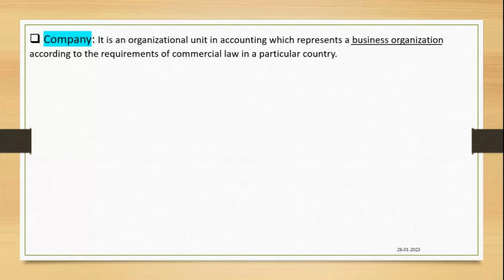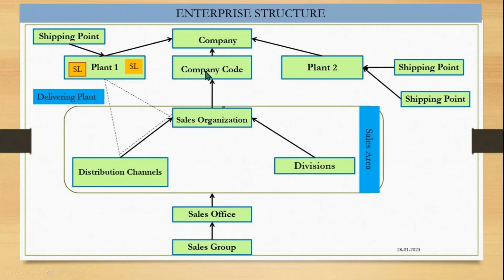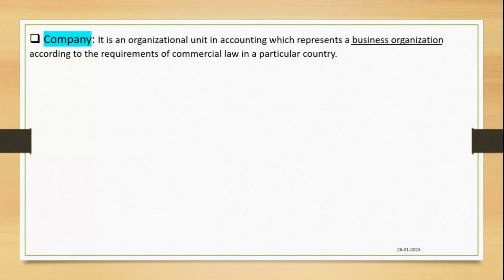Whatever we have defined here, the company and all that, is what I have written theoretically: what exactly is a company? It is an organizational unit in accounting which represents a business organization according to the requirements of commercial law in a particular country. If you want to set up a business, there are some commercial rules or laws defined, so based on that you have to set up the business.